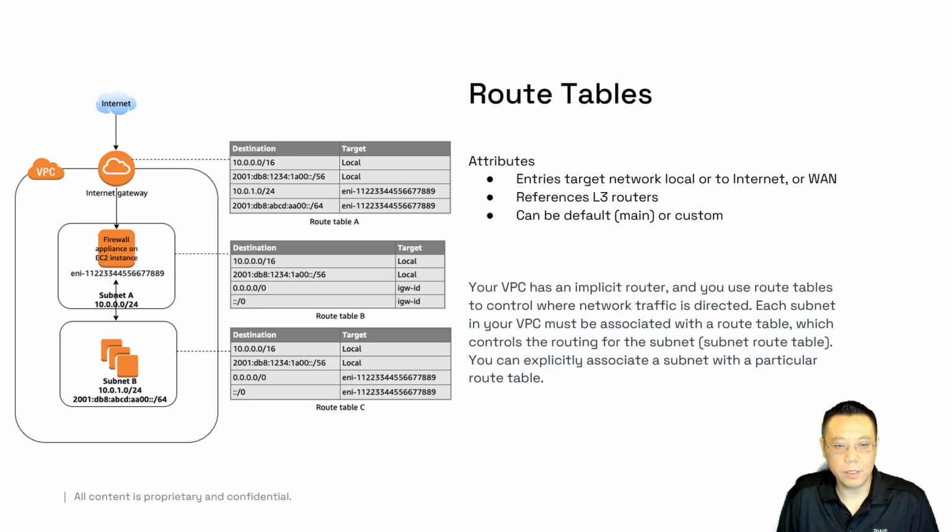In this case, we have a specialized firewall appliance, let's say from Palo Alto, Checkpoint, or whatever other enterprise vendor your firm or company may use. Your firewall appliance runs on an EC2 instance and will have multiple ENIs, or Elastic Network Interface cards, the equivalent of a NIC inside an on-premise server. You would have your route table from the public subnet hit this firewall and it'll forward it over, and the firewall's route table up here would actually go up to your internet gateway inside the public subnet.